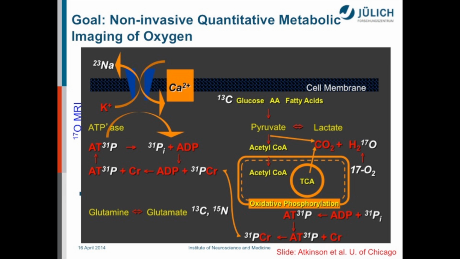So for looking at CMRO2, we'd like to have a method that's accurate, reproducible, suitable for patients, non-invasive or minimally invasive. Method should really have potential for widespread use. There are too many 9.4 Teslas. I'll deal with that. And you shouldn't require an on-site cyclotron. And that's why O15, although we have an on-site cyclotron, we think that O17 might be the way to go.